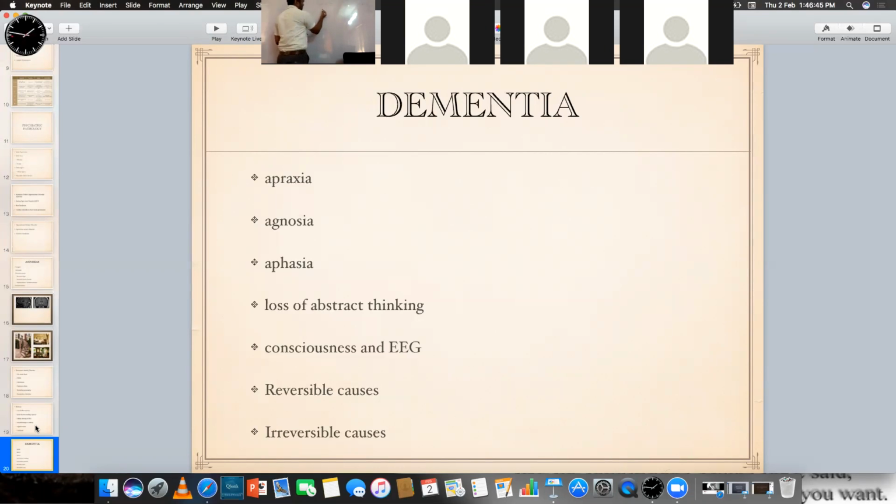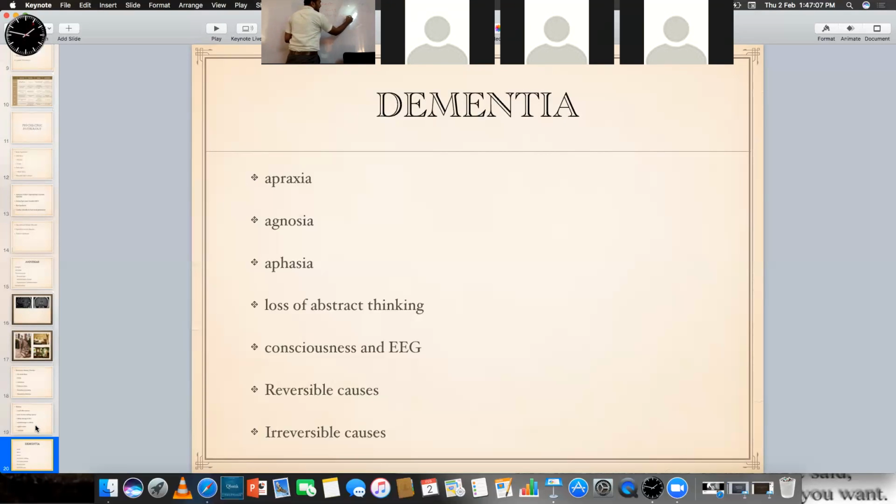Aphasia can be sensory aphasia, motor aphasia, global aphasia, conduction aphasia. So, yeah, this is Wernicke's aphasia, sensory aphasia. Motor aphasia is what? Broca's.